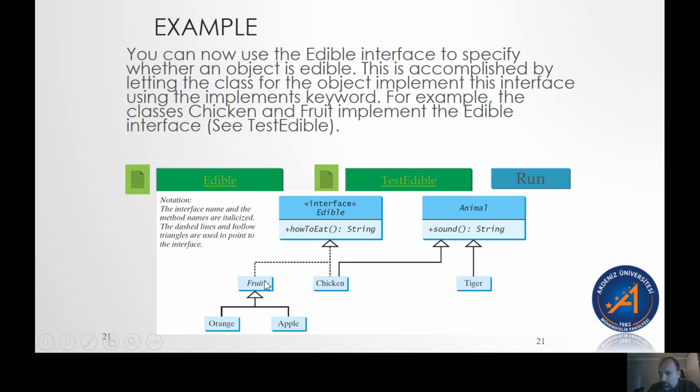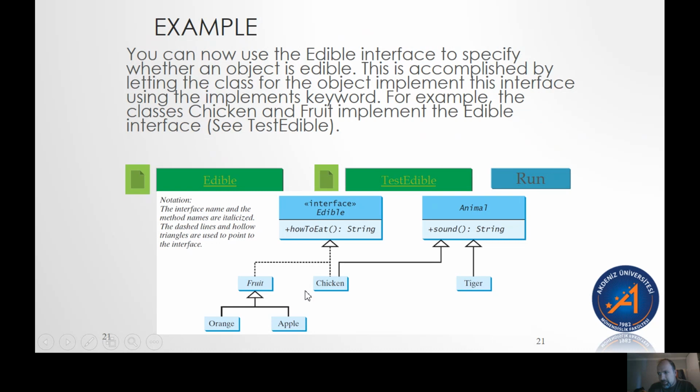And the fruit, we'll call that an abstract class because really we want to say if you have a fruit, it's got to be something. It's got to be an orange, an apple, a banana, a pineapple, a star fruit. An apple and a banana aren't the same thing, right? So we've got to say what fruit it is. So even though a fruit is edible, just like a chicken, a fruit is not an animal like a chicken.